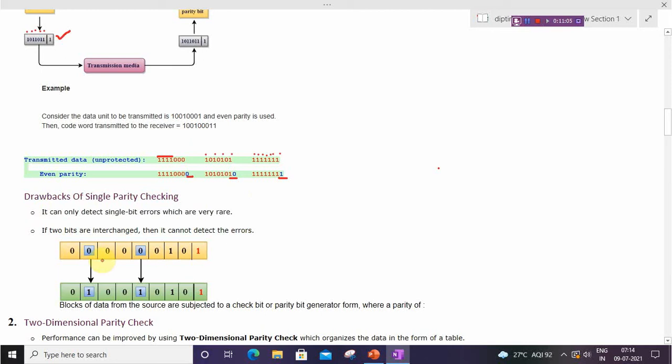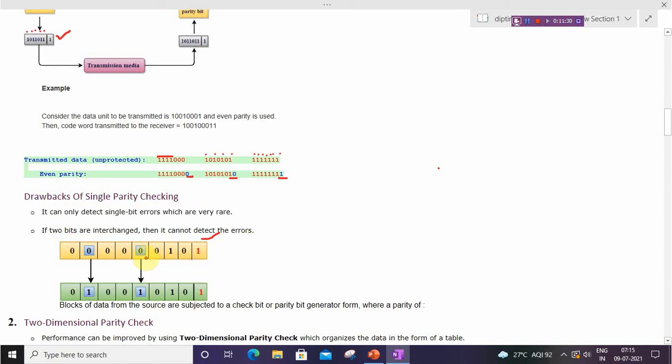So in this case, the data is 00000010, means here the number of 1s is 1, means an odd number of 1s. So the parity bit will be 1. And if the data is corrupted, the data is changed, a 0 bit is changed to 1.